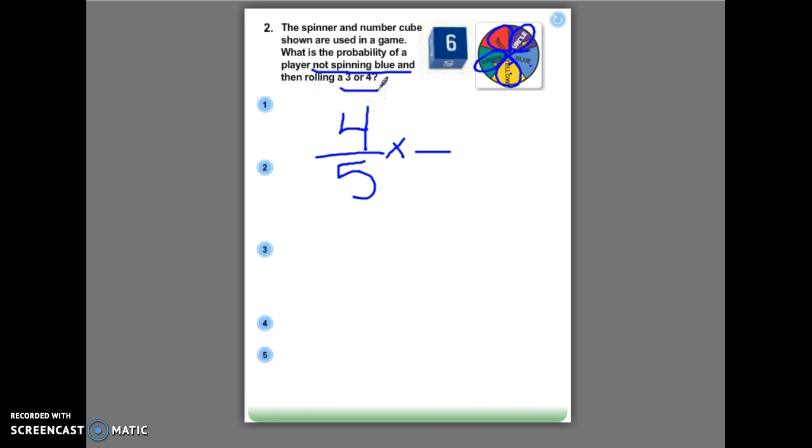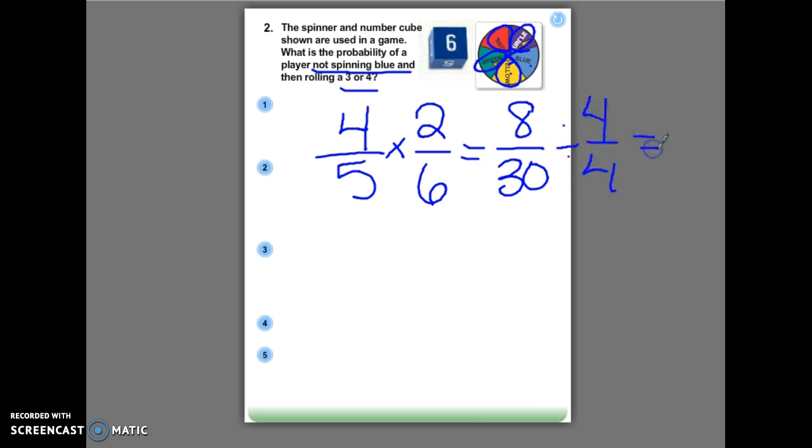Well, I have 2 options on a dice that are either 3 or 4, and I have 6 total options. 4 times 2 is 8. 5 times 6 is 30. And again, you would reduce this. You get 2/5, and then you would write that as a decimal of 0.4 or 40%.